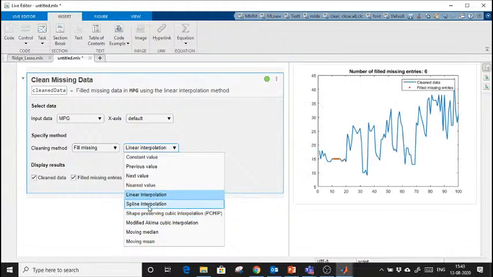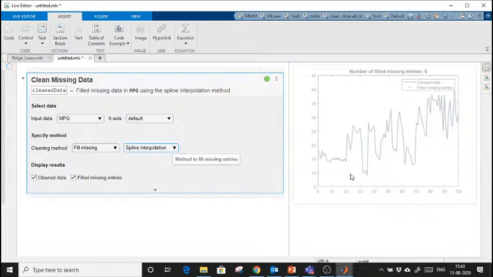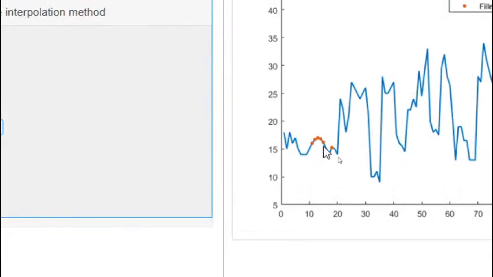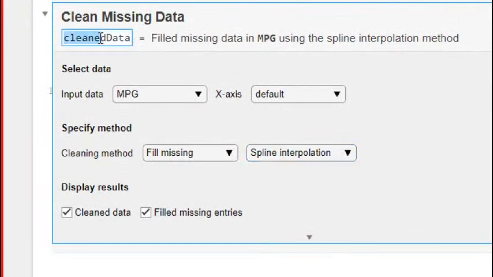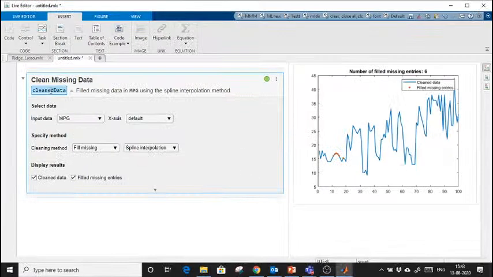Let's say I am going to apply spline interpolation. Here you see the red dots we chose, the missing data that are filled. Now we don't have missing data. And here you can provide the output, where you are going to save it.